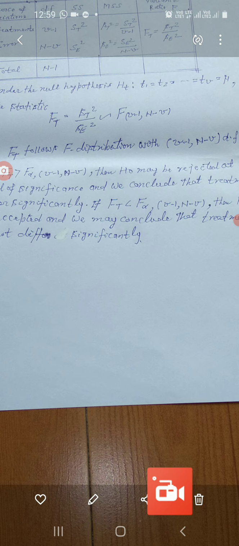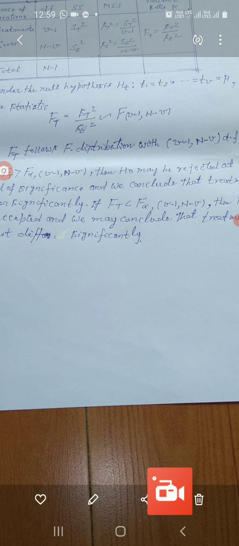If FT is greater than F alpha comma V minus 1, N minus V, then H naught may be rejected at alpha percent level of significance, and we conclude that treatments differ significantly.